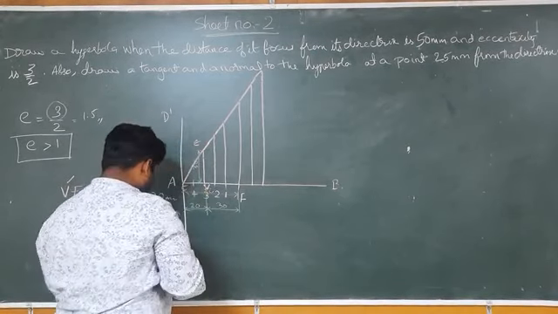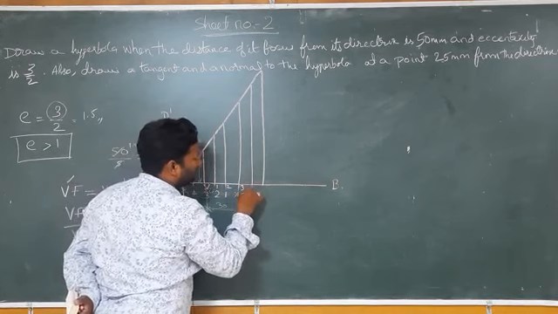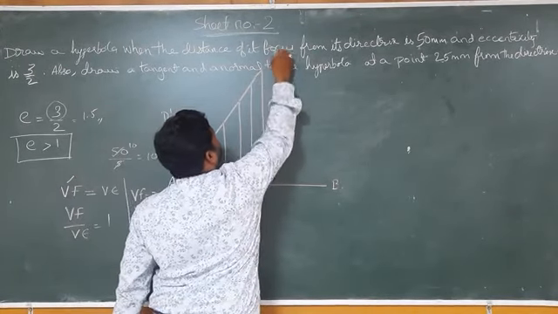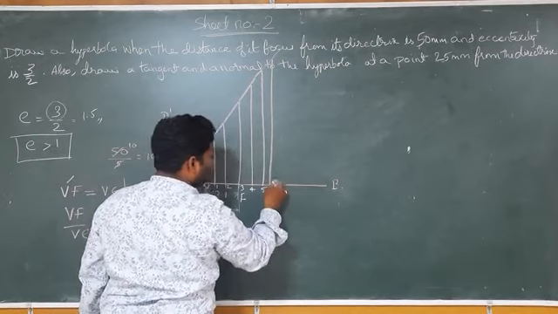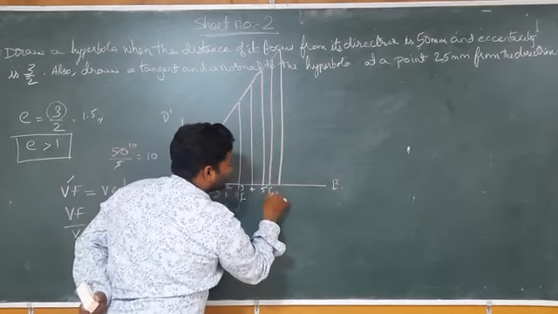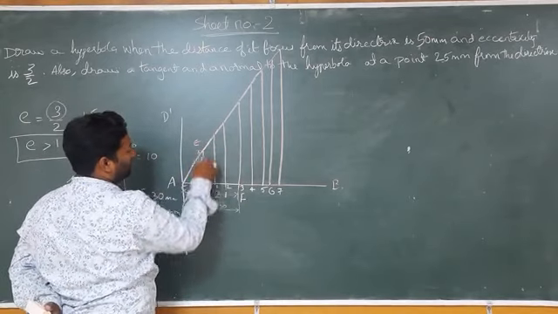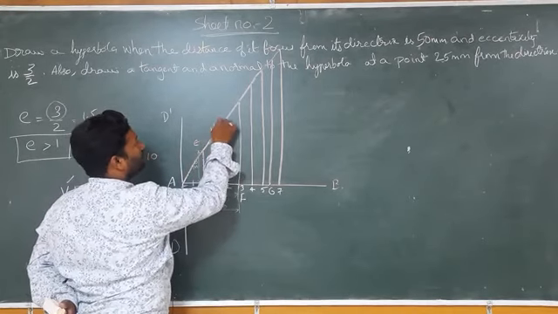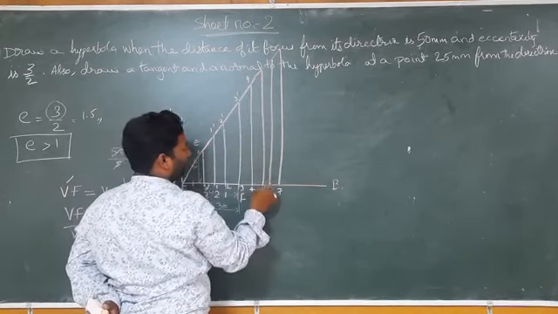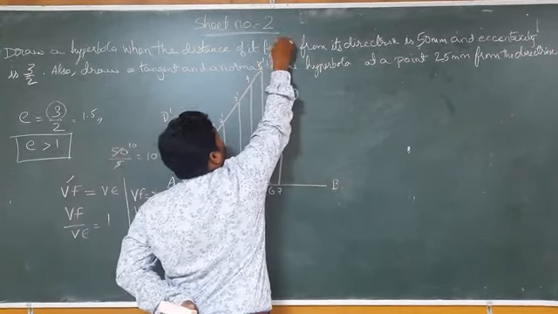For example, here we have drawn some lines, so we will label them 1, 2, 3, 4, 5, 6, 7, and we will use the same labels here with a complement: 1 complement, 2 complement, 3 complement, 4 complement, 5 complement, 6 complement, 7 complement.